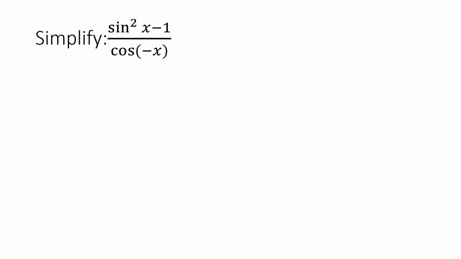When I look at this problem, what I see is sine squared in the numerator. And it makes me think about an identity I have memorized, which is that sine squared plus cosine squared equals 1. So if we rewrote this, maybe by subtracting sine squared from both sides, then what would happen here?